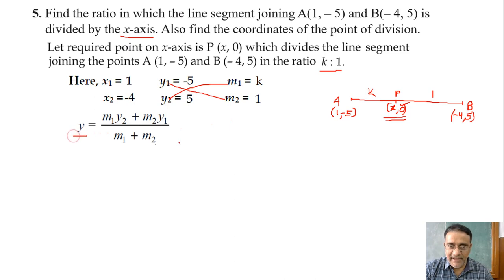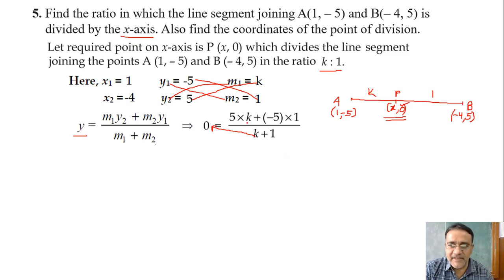The value of y is 0, and we get 5 into k plus minus 5 into 1 upon k plus 1. Now if you multiply 0 with k plus 1, that will become 0. One more step: 5k minus 5 upon k plus 1. Then cross multiply, and you will get 5k minus 5 is equal to 0.